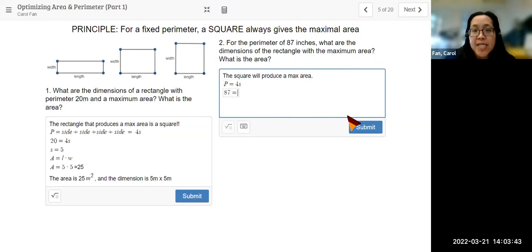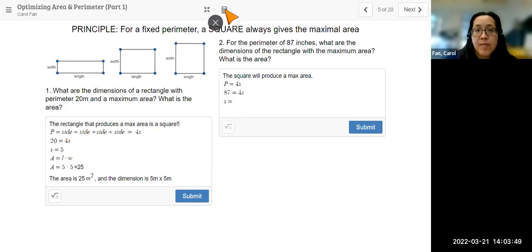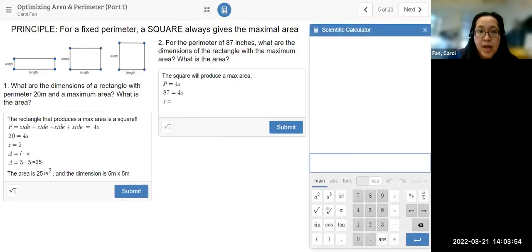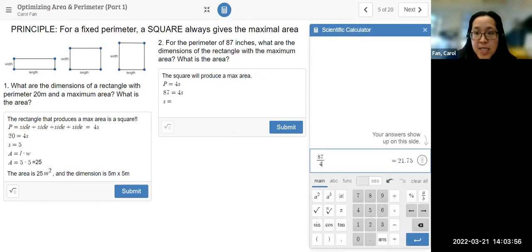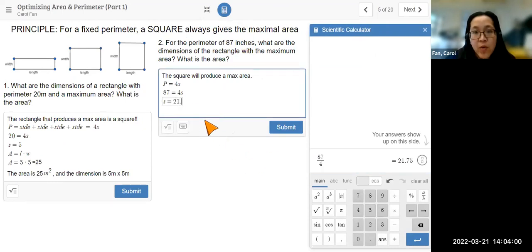So I have 87 is equal to 4s, and s is 87 divided by 4, 21.75 inches.